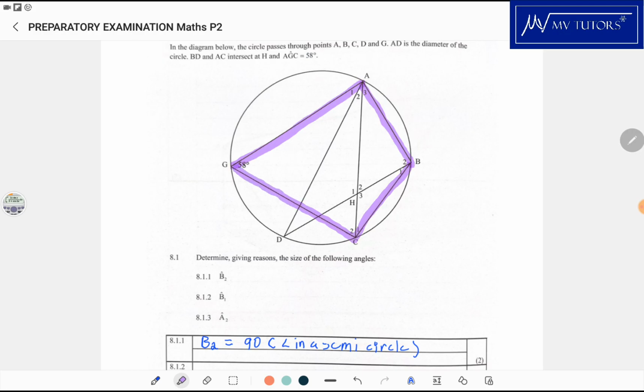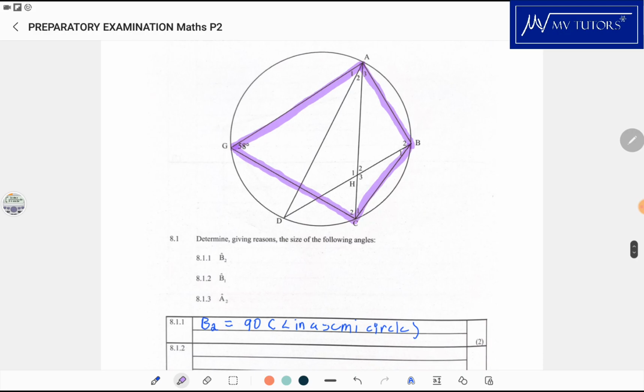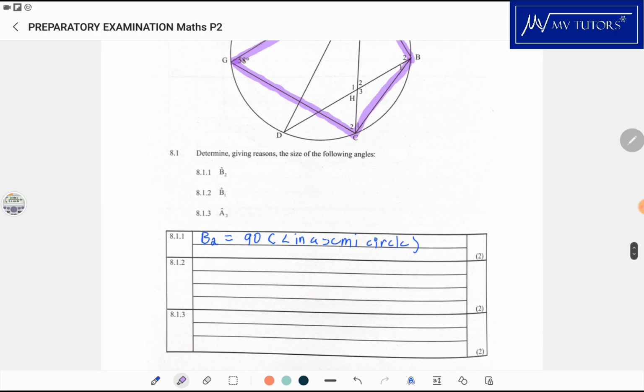If we are looking for B1, what we do know is that when we add up these angles, the opposite angles are supplementary in a cyclic quad, which means 58 plus B1 plus B2 should give me 180. Let's write that down.